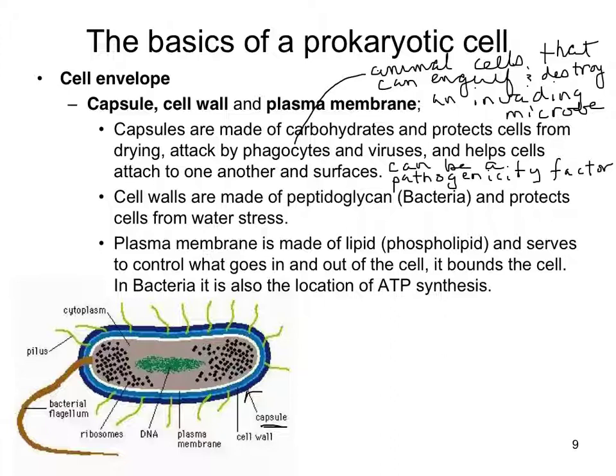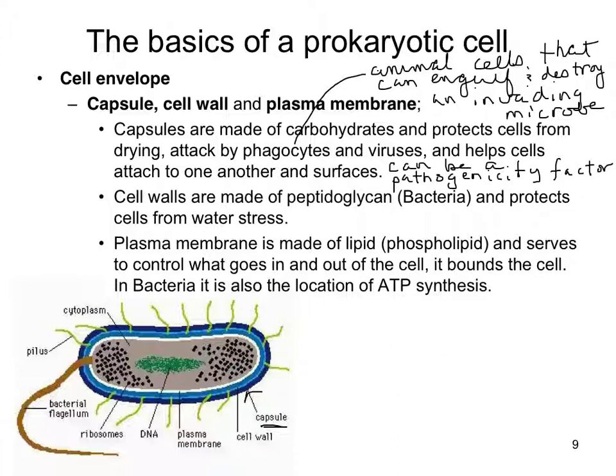So if you think back to that protective function, phagocytes, which I defined a moment ago, are really important parts of our immune system. If you've got a bacterium and it's invading you and it's got a capsule, and our immune phagocytes cannot engulf and destroy that bacterium, then they can't get rid of it from your body. And so that makes the microbe more able to multiply and infect you. And so that makes capsules a pathogenicity factor.